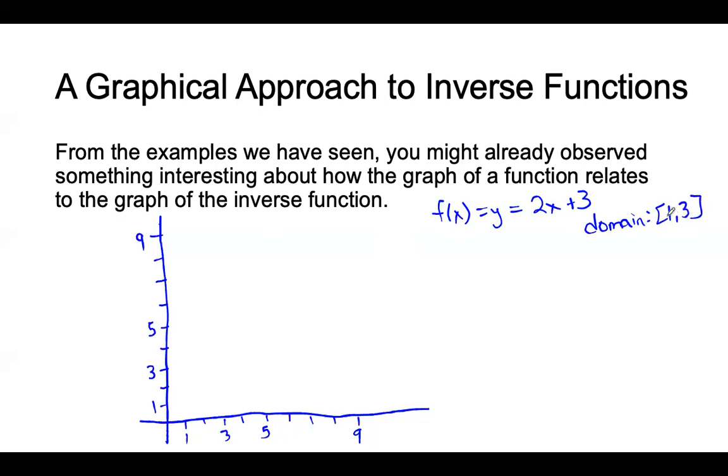So when x equals 1, 1 times 2, 2, 3, 4, 5, we get 5 here.